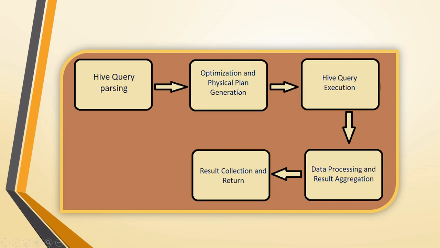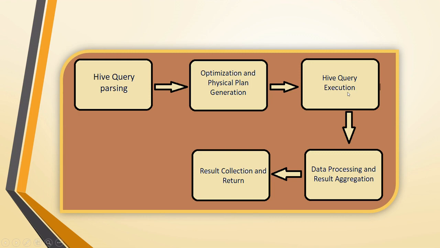Once the logical plan is created, we have Spark's Catalyst optimizer, right? This optimizer performs various optimizations such as predicate push down, column pruning, or join optimizations. And it gives us a very good optimized plan, and this query will be sent to the Hive query execution.